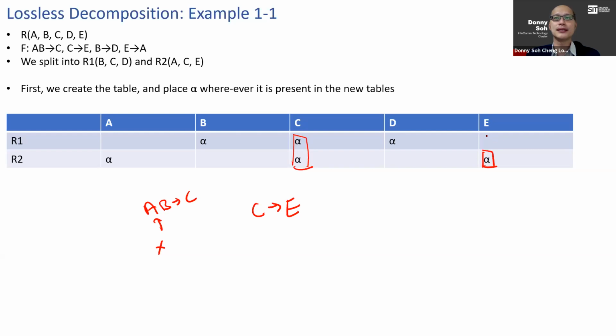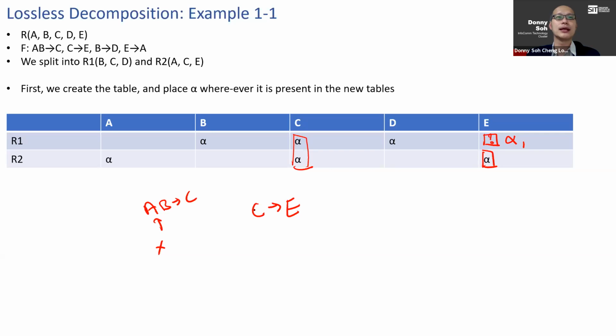It also passes the third condition, whereby there's at least one row from my first condition with a non-distinguished variable. And so I can add an alpha distinguished variable here.